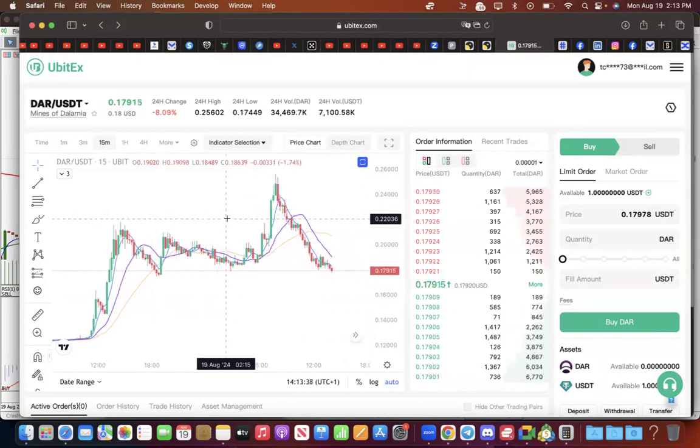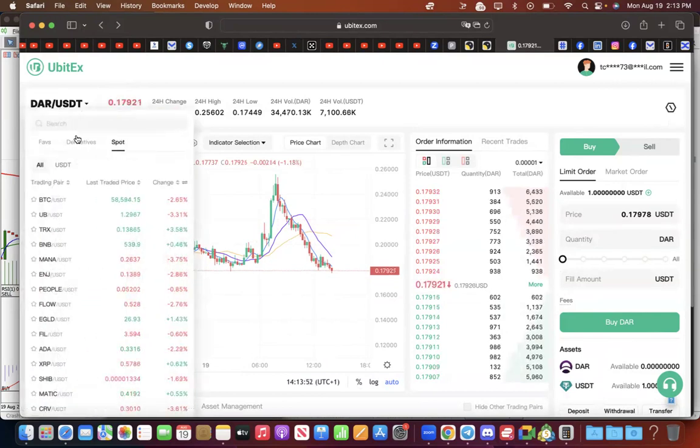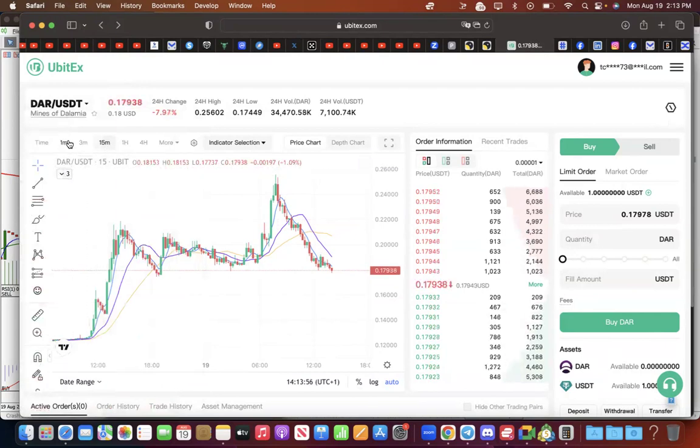I'm just showing you. So even on Ubitex, you can do simple trading, both futures and spot. That's number one. If I go to spot, let's go back to here. Okay, here is spot.